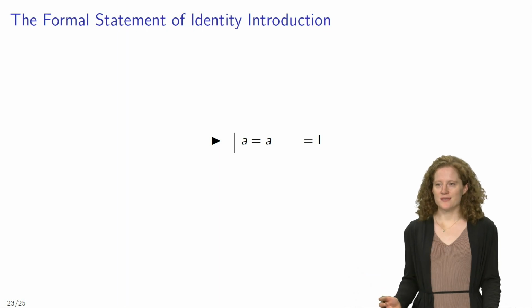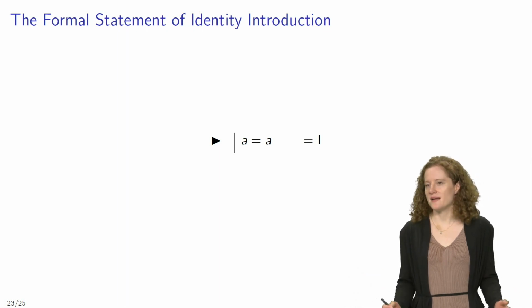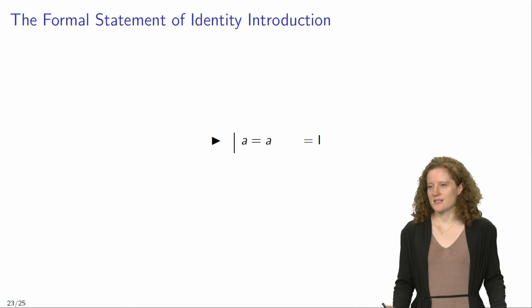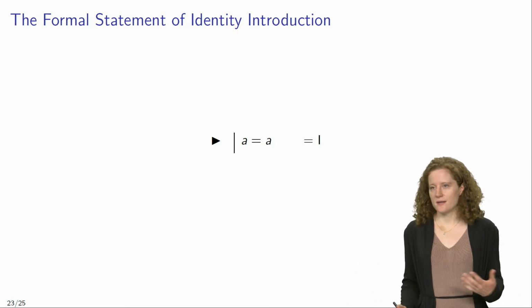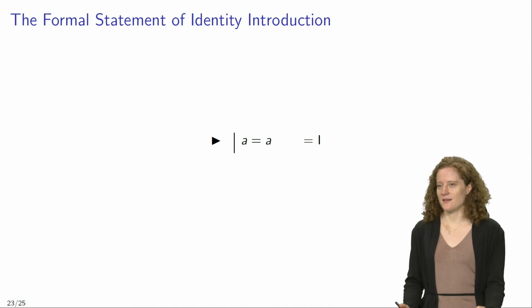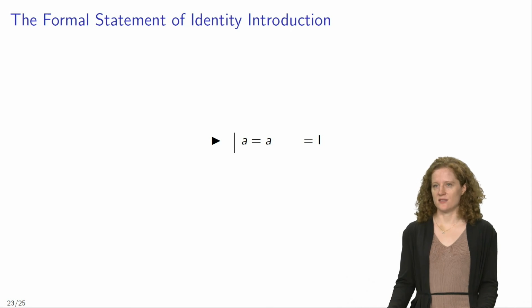At any point in your proof, you can assert an identity of the form A equals A and justify this inference by means of identity introduction. So you don't have to use the name A. You can also introduce the sentence B equals B, or C equals C, or D equals D, using any name whatsoever, and justify that new sentence, that new line in your proof by means of identity introduction.